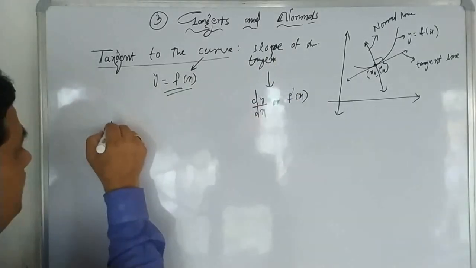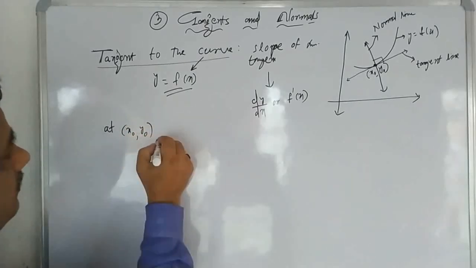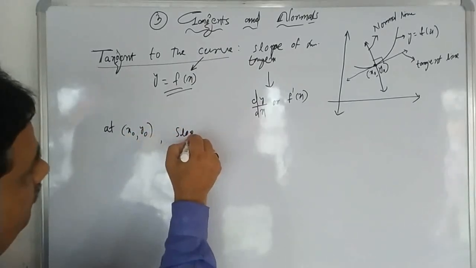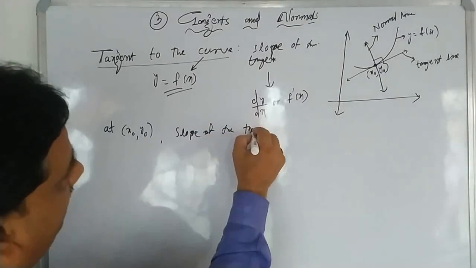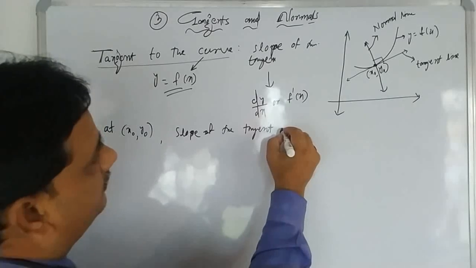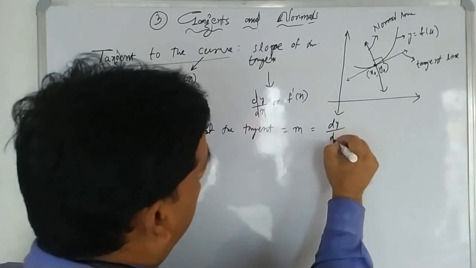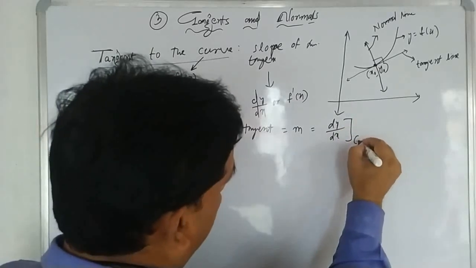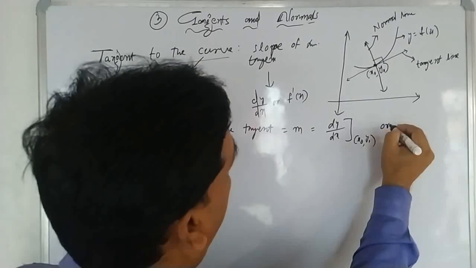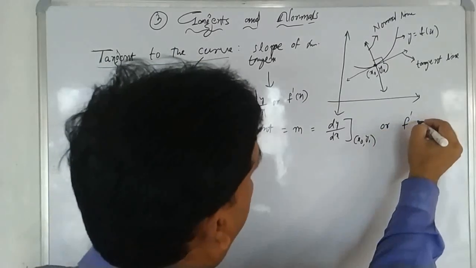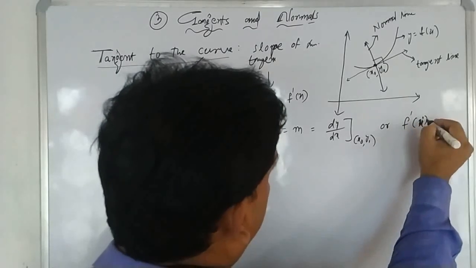Hence, at x0, y0, the slope of the tangent, which you call m, is equal to dy by dx at x0, y0, or you can say f dash x0.